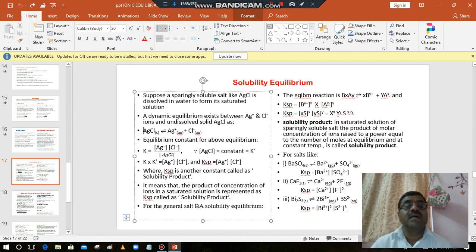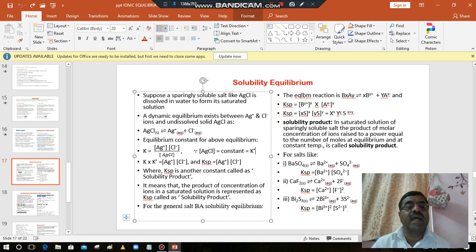For that, we can apply the law of mass action to this reaction. We will get the constant, that is concentration of Ag+ into concentration of Cl- divided by concentration of AgCl. Here the concentration of AgCl in the saturated solution is more, therefore it is taken as constant and represented as K dash.